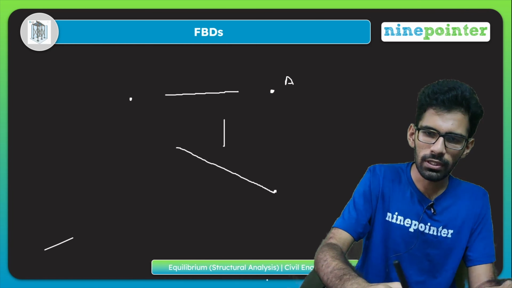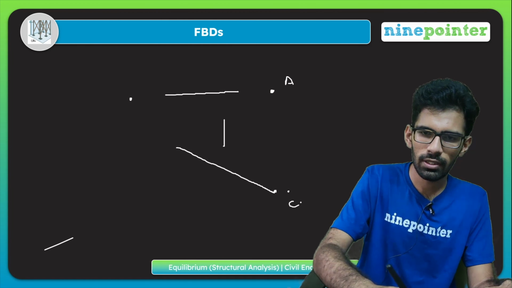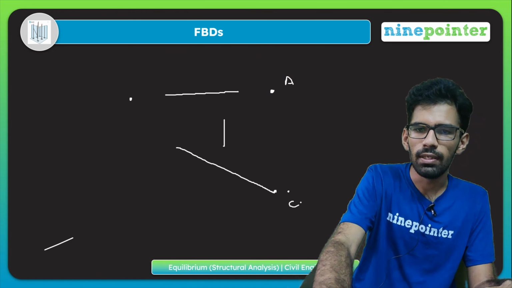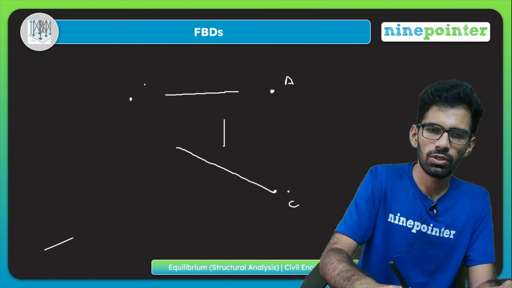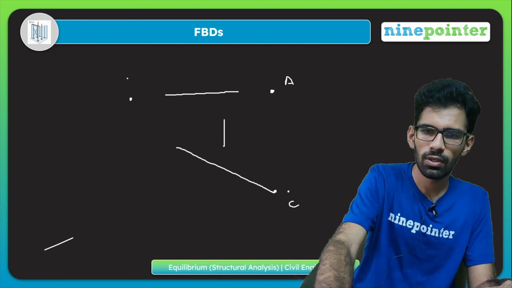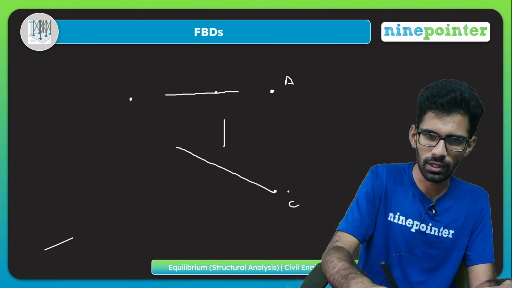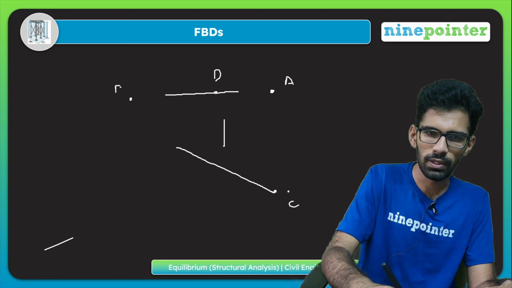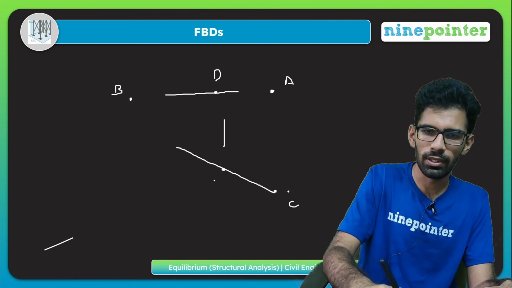And we have a point C. So A, C, D, B, E. D, we have a point here that is D, B, and we have here E.